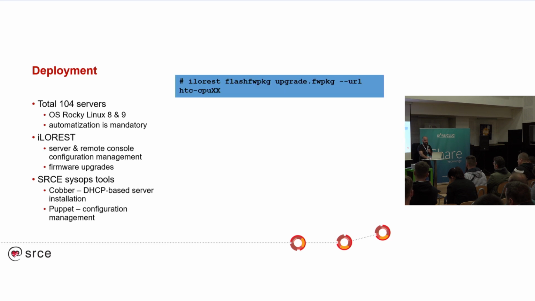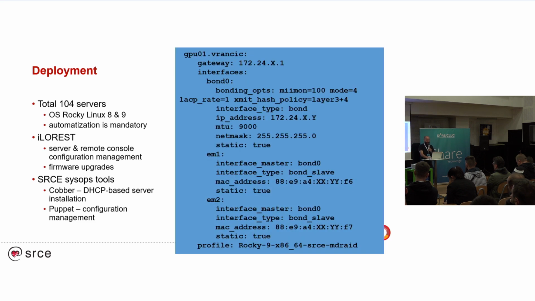Because everything is HPE based, there's a really cool tool called ILREST, which you can use to configure where to send the emails in case of problems, where to send the logs, and you can actually do firmware upgrades with it, and it works pretty well. You basically just do a for loop and go through all 104 of them and do the upgrade while you're having lunch.